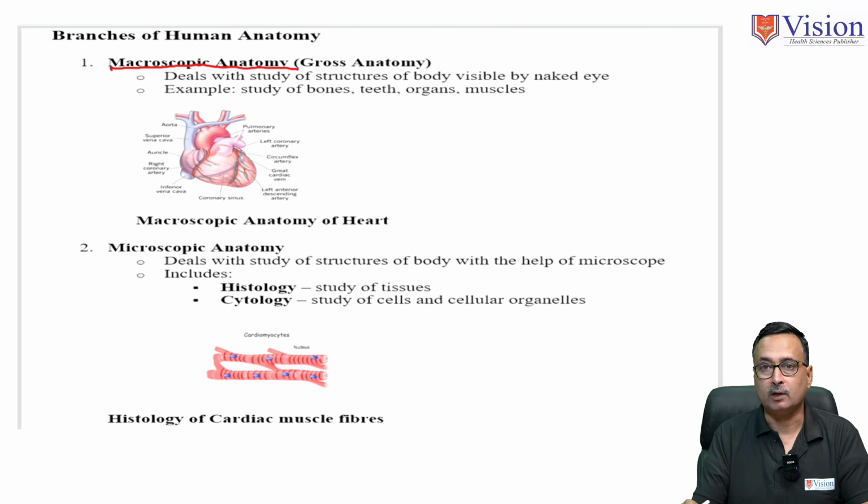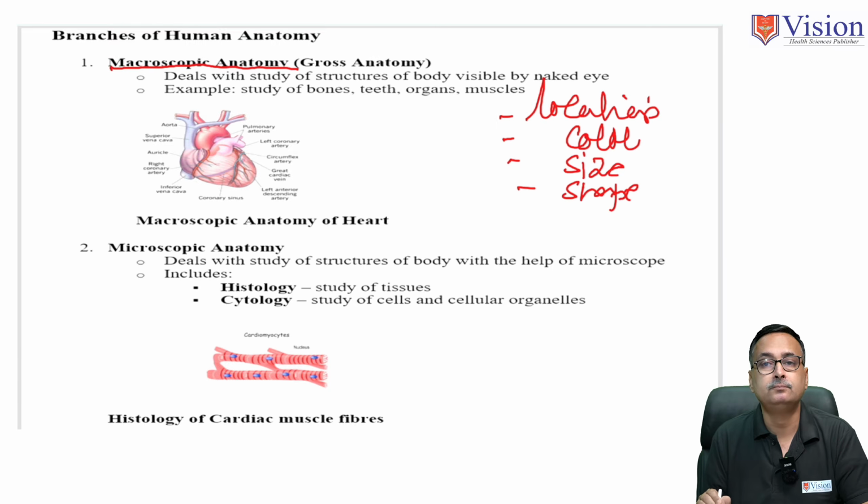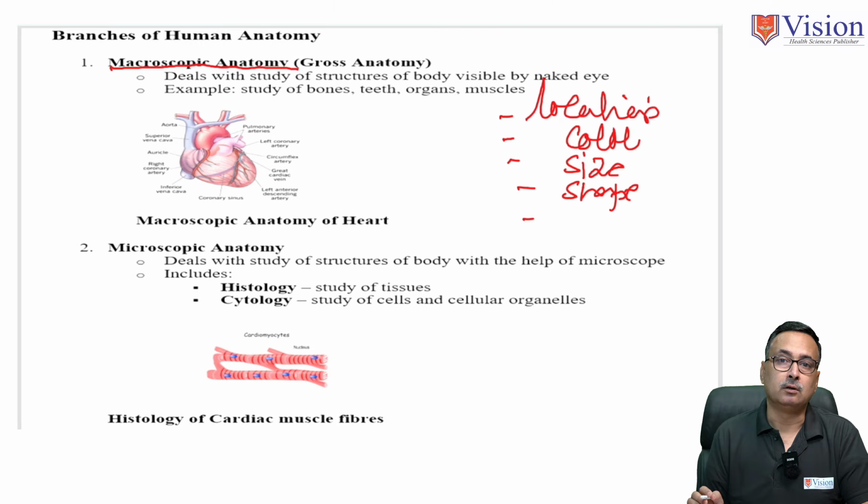Macroscopic anatomy of the heart refers to the study of the location of the heart, which is located in the mediastinum between the two lungs in the chest. Then it deals with the study of the color of the heart. We study the size and shape of the heart. We study the division of the heart, like it is divisible into auricles and ventricles.